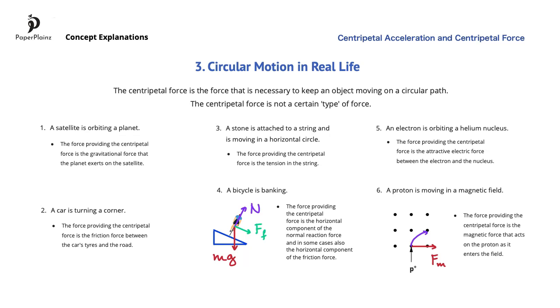Let's summarize what we have learned in this video. We began by discussing centripetal acceleration, and recalled from topic 2 that acceleration happens when velocity changes, and that velocity is a vector, so it has a magnitude and a direction.